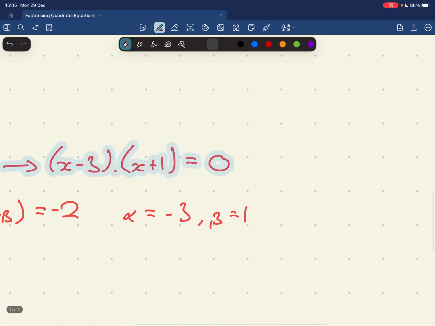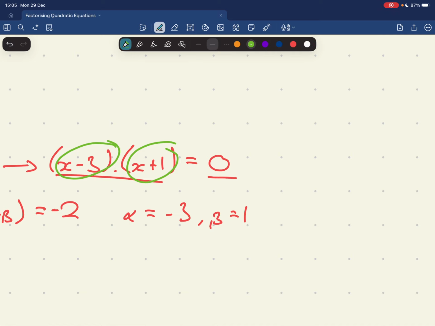It's very easy to write them down because we see that the right hand side is equal to 0. Therefore, the left hand side has to be 0 as well. But how is that going to be possible? For that to be possible, we must have either this term being equal to 0 or this term being equal to 0.